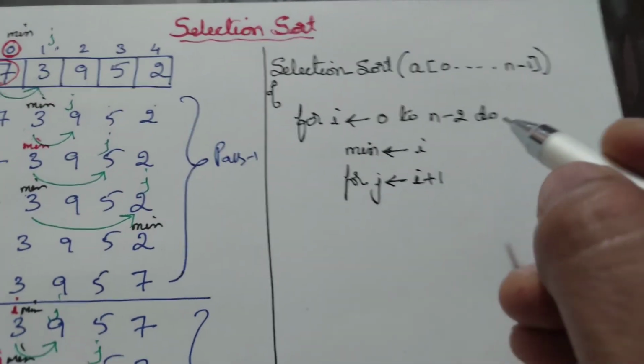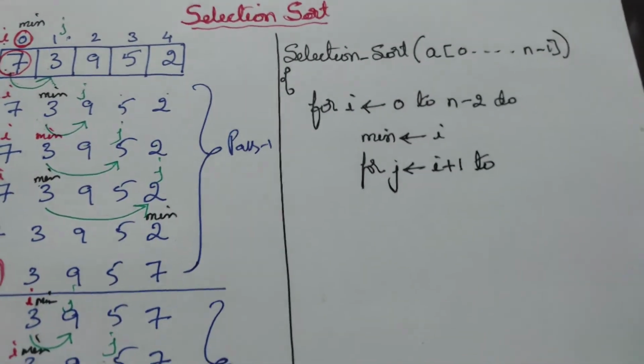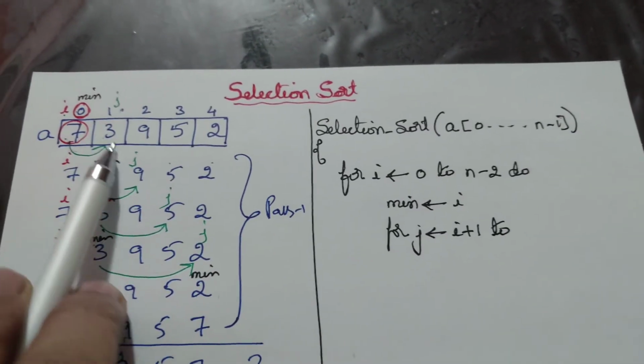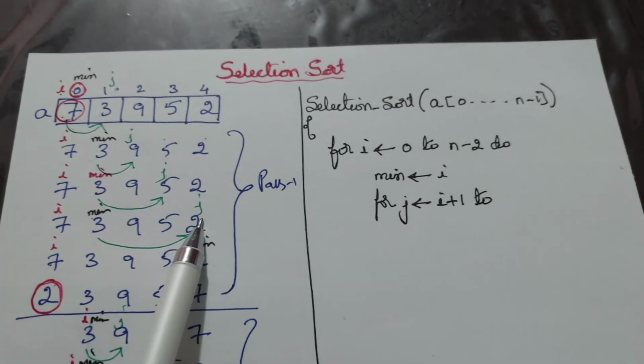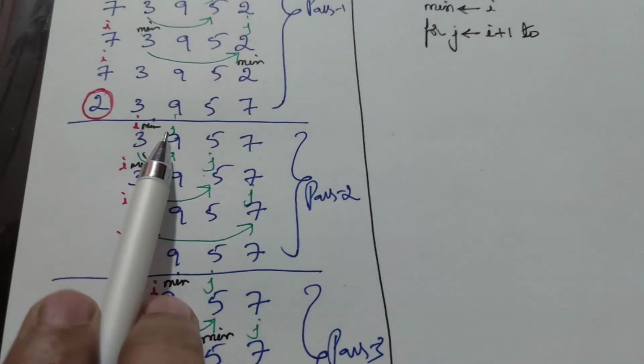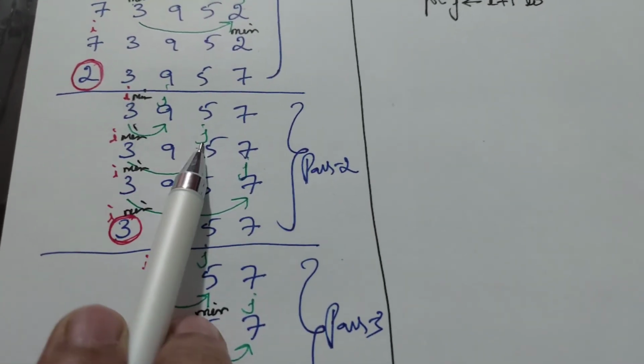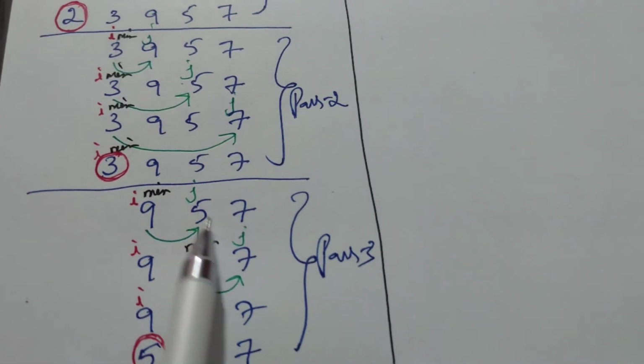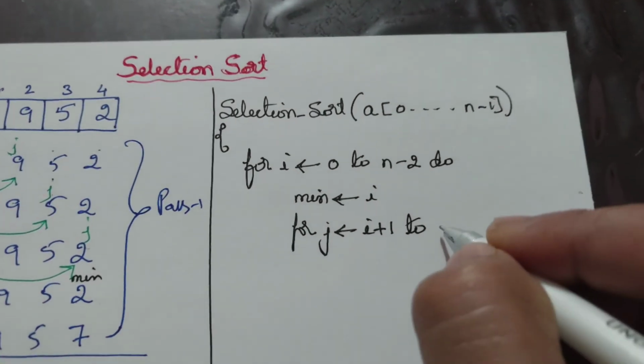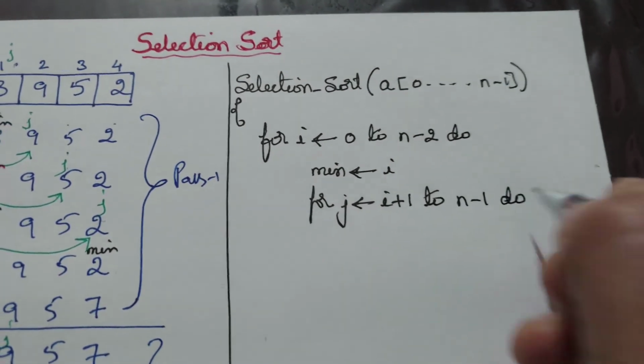We started comparing this element with the next element, then the next, till the last element. So we compared till the last. The last element position is n minus 1, so j goes up to n minus 1.